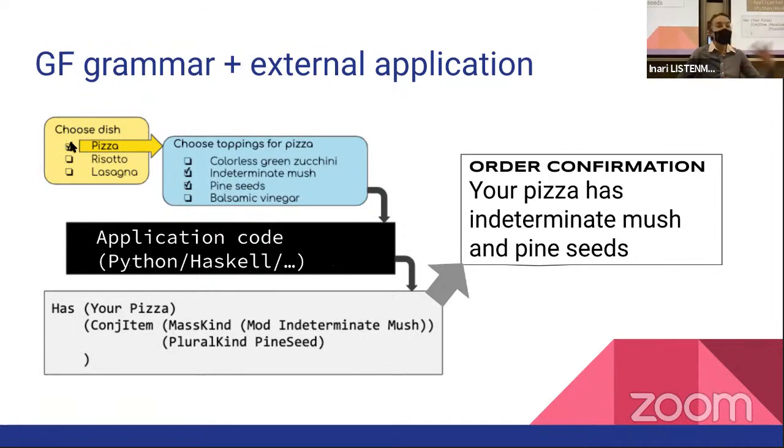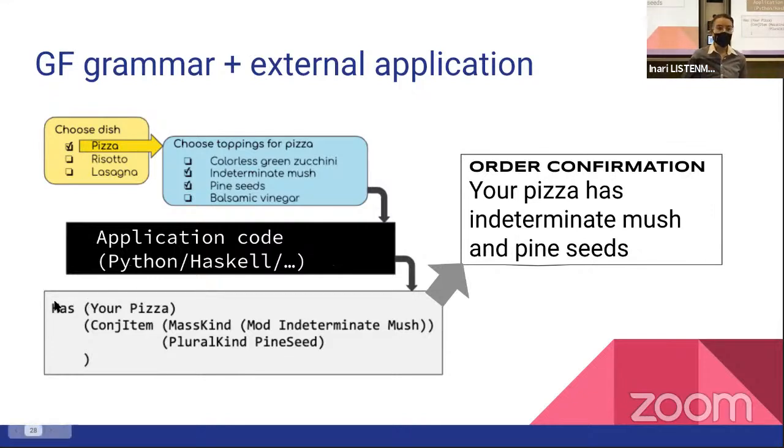Imagine that we're using the foods grammar for ordering from a restaurant. First you need to choose if you want pizza, risotto, or lasagna, and when you choose pizza, the restaurant displays what kind of toppings they have for the pizza. Once you choose your toppings, we have some application code, Python, Haskell, JavaScript, anything, where we have the API.